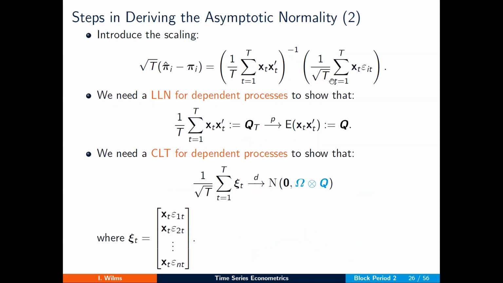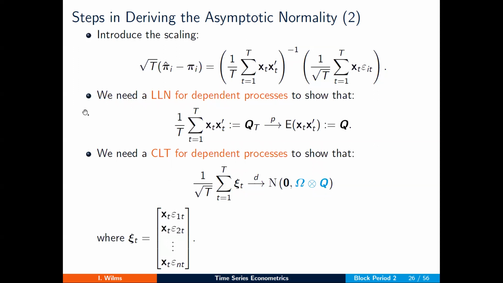And I immediately place the correct scalings on the two individual terms. From your regression course, you might remember that the first term needs scaling by 1 over T, since we will use the law of large numbers on this average. The last term is a scaled average and needs scaling 1 over root T to make use of the central limit theorem.